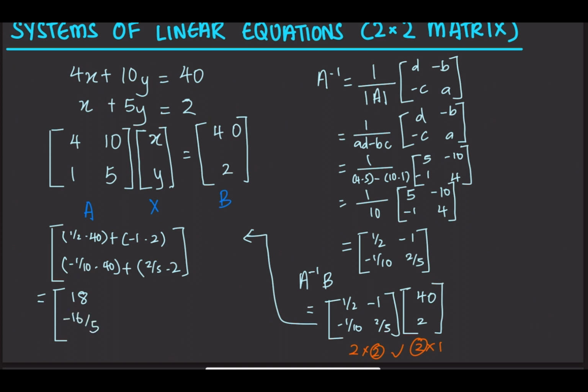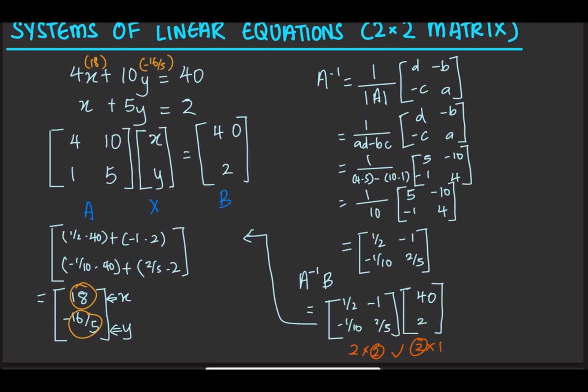-16/5. And this is your answer for x, and this is your answer for y. And if you check it out, if you input it, let's say 18 and 10, -16/5, you can check your answer.